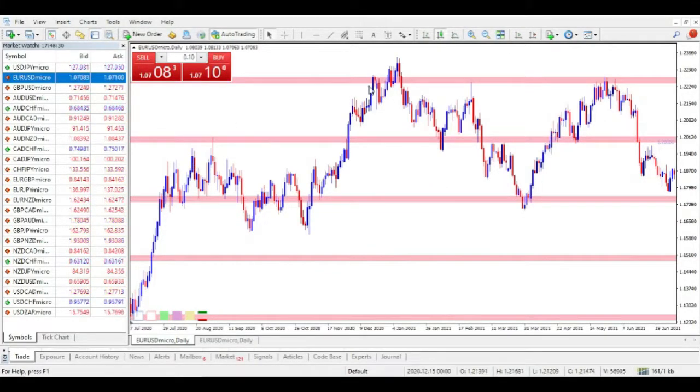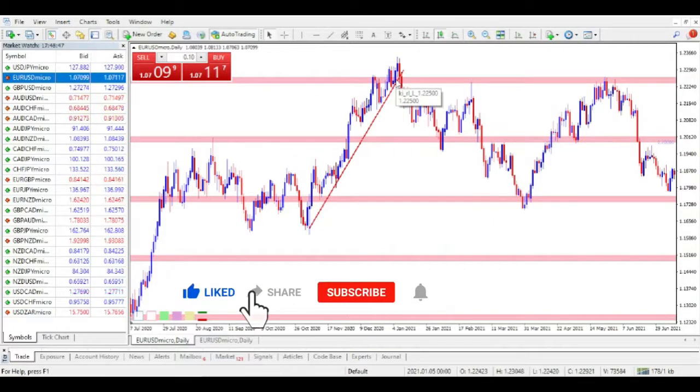So if you notice here, what was happening here, we were in an uptrend and price was going up in a nice way. And see what happened when we reached this area.